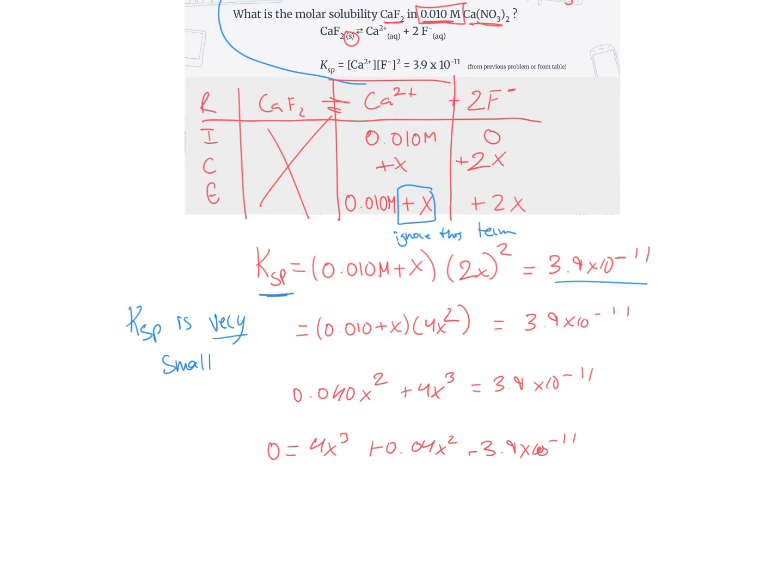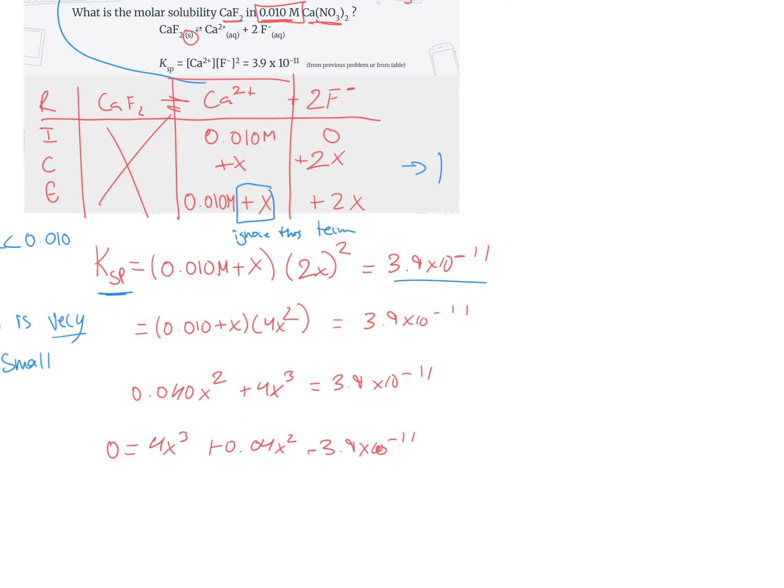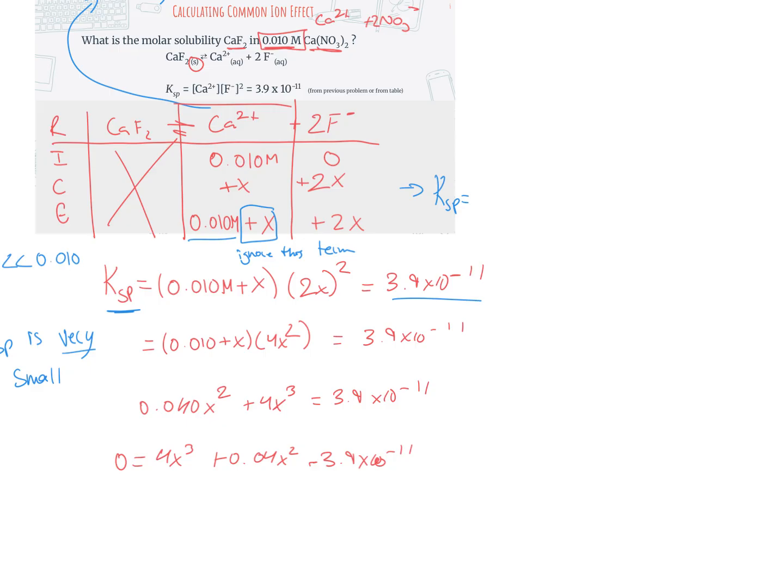Because KSP is so small, we can assume that x is significantly smaller than 0.01. So now, given this assumption, I'll rewrite KSP. This is going to be equal to just this portion, 0.010 molar, times 2x squared.